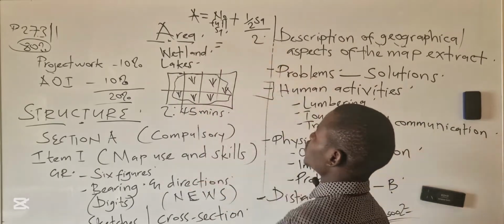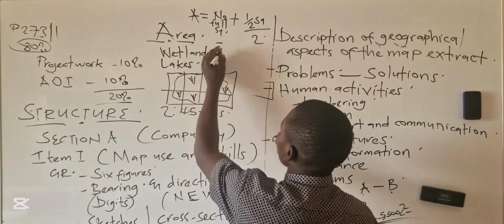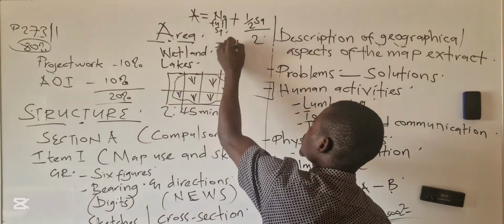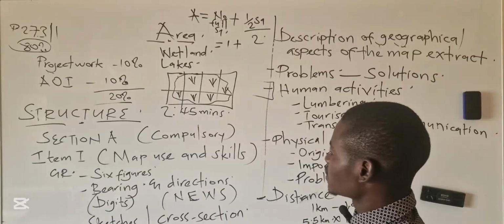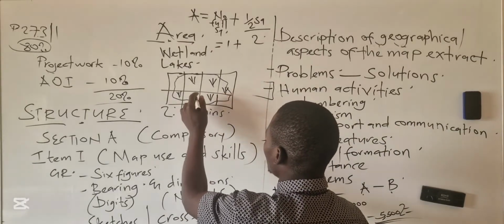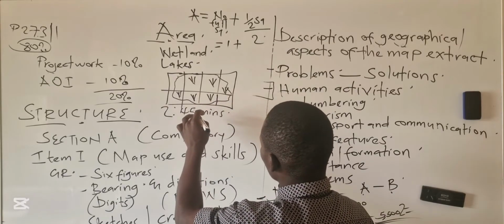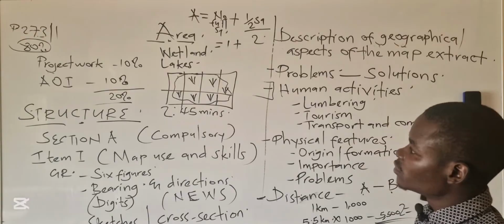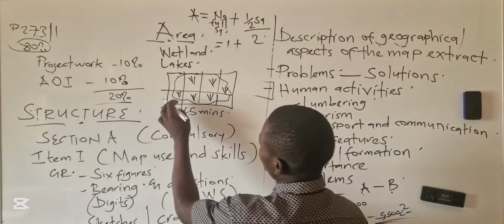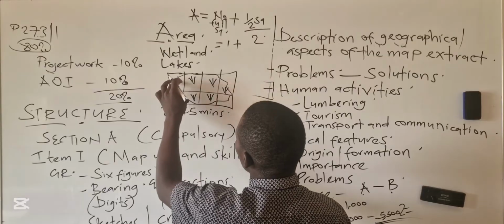So when you count, here I'm seeing 1 full square, put it here, then you also count the number of half squares. As long as a wetland is occupying a certain portion of a square, it still counts. Whether it is small or big, it remains half. 1, 2, 3, 4, 5, 6, 7.